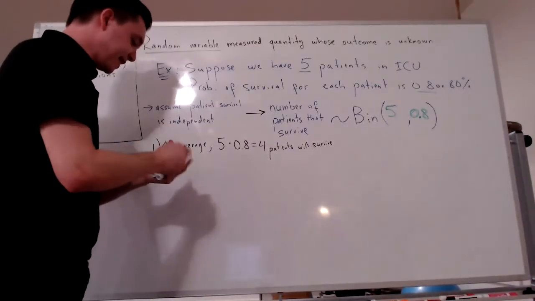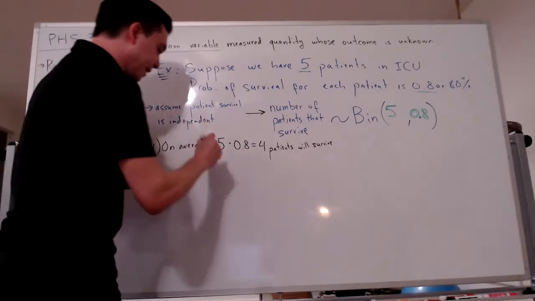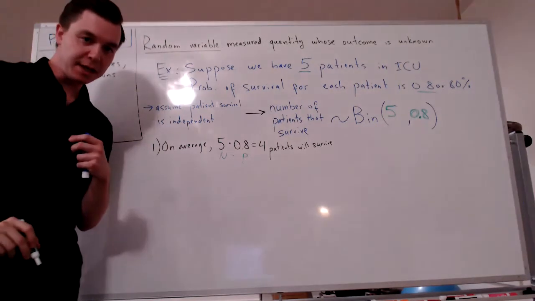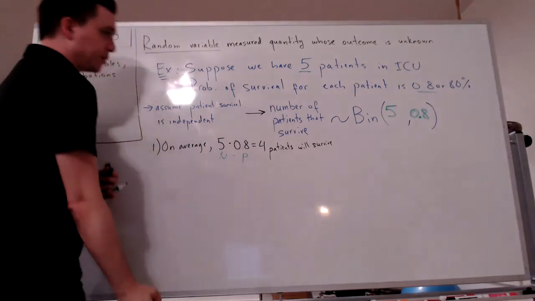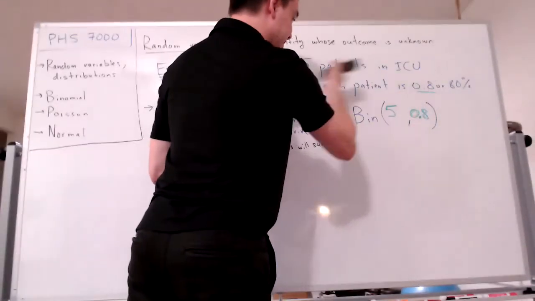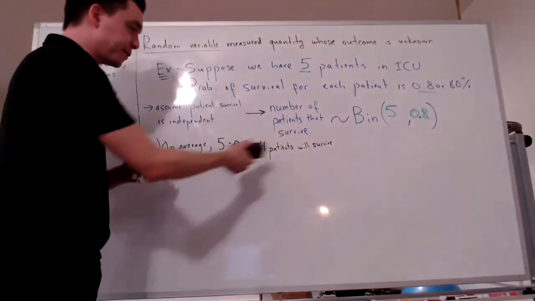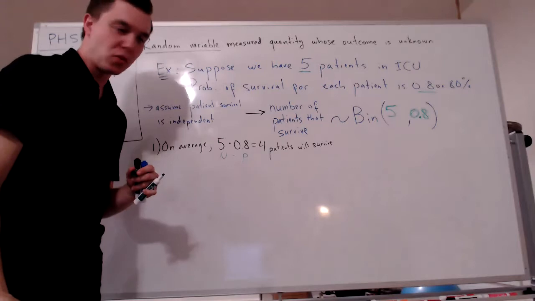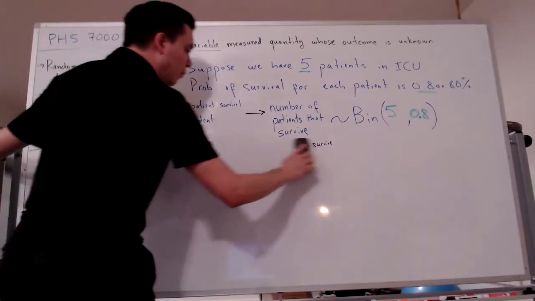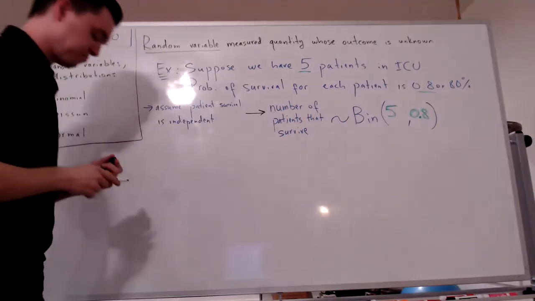Right, because this is simply applying the formula for the average, n times p. That's not that crazy, okay? If I have 5 patients and 80% survive, then on average, 4 patients will survive. Cool, nothing controversial here.